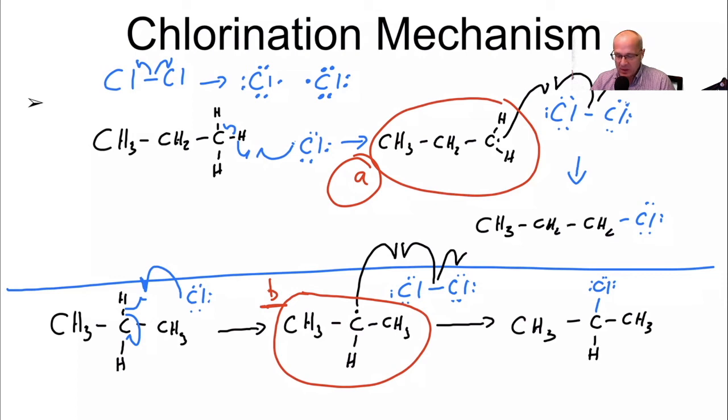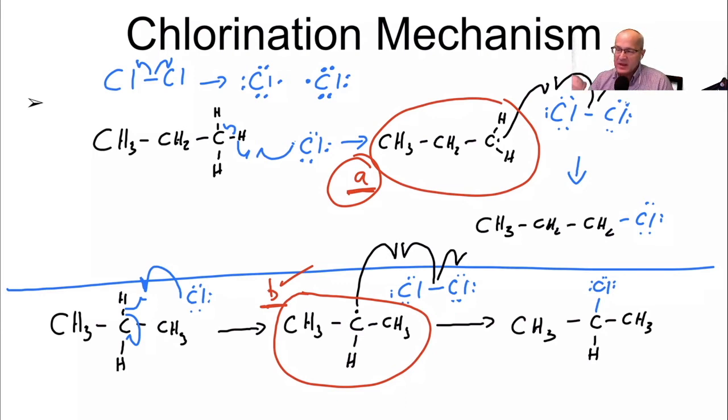Okay? Now what's really happening in this flask is A will form a lot slower than B. B will form a tremendous amount faster. So because B can form faster, it will accumulate more and it will react more because there's simply more of it to react with. Okay?